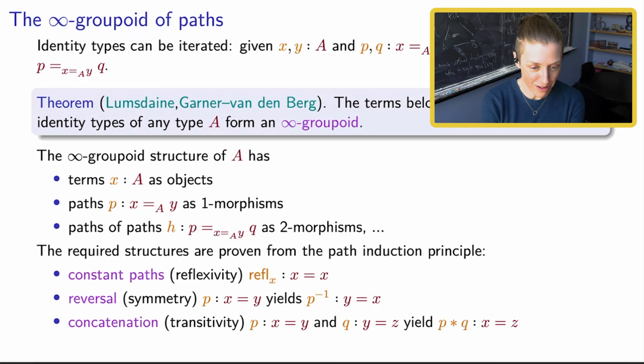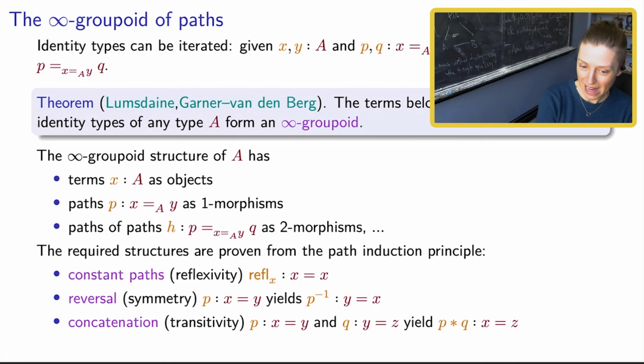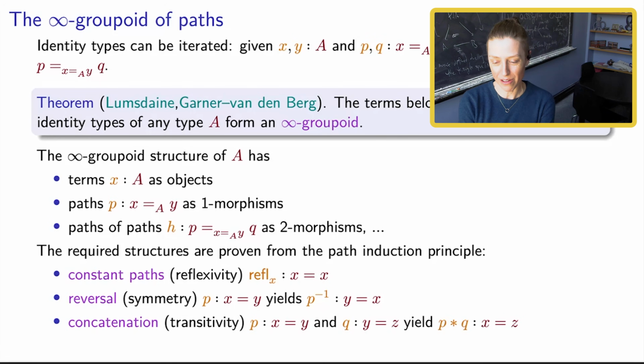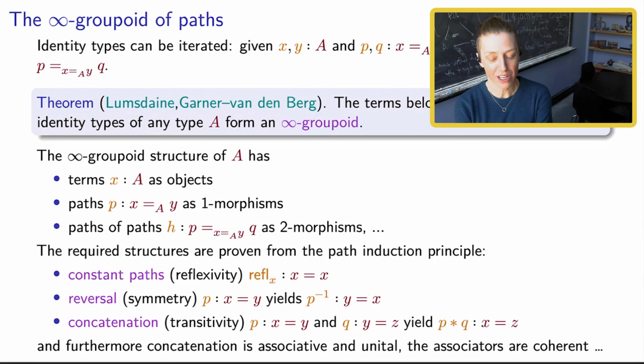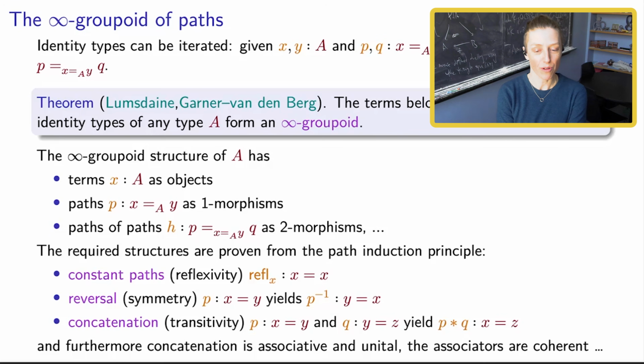Concatenation is also something you define using path induction. This could be thought of as transitivity of equality. If you have a path from x to y and a path from y to z, then you get a path from x to z. And moreover, there's associativity and unitality and higher coherences and sort of all the way up, all of which is proven from the path induction principle. So it's giving this sort of infinity groupoid structure.